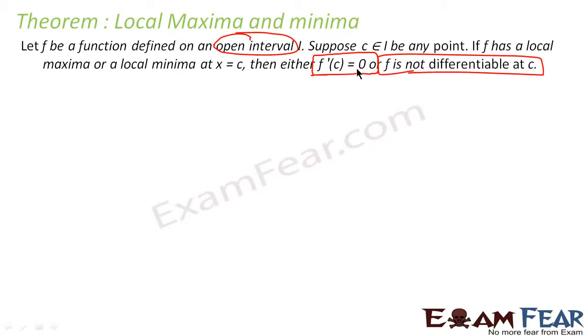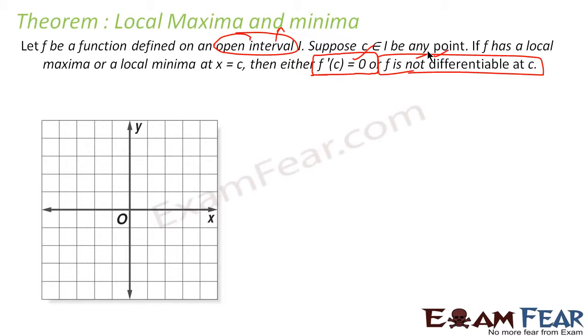I just showed you that if c is a point of local maxima or minima, when I'm talking about open intervals, then either f dash c is equal to 0 or f is not differentiable at c. Either of these is true. That is, c is a considerable point for local maxima and minima. And that is what the theorem says. But please note the converse is not true. I'll explain that also, but just understand this first.